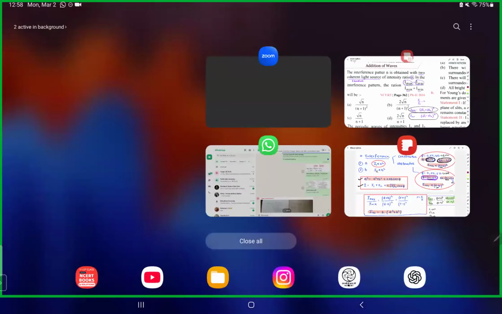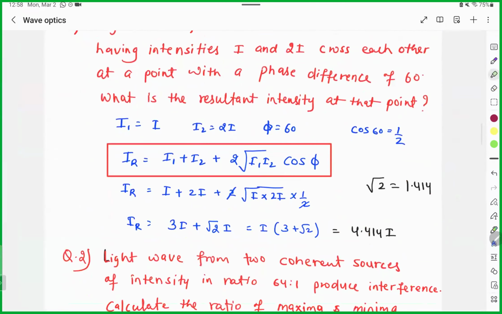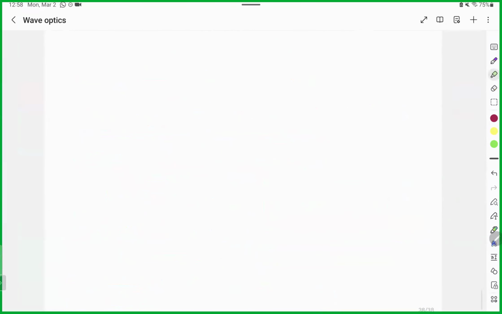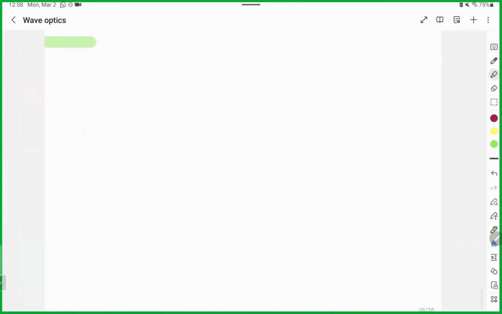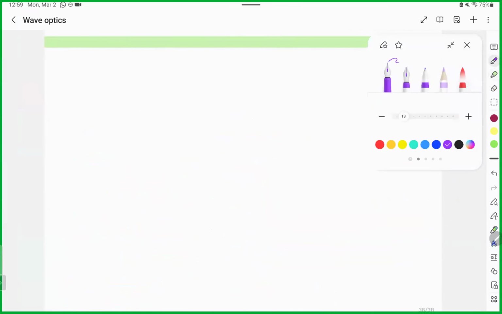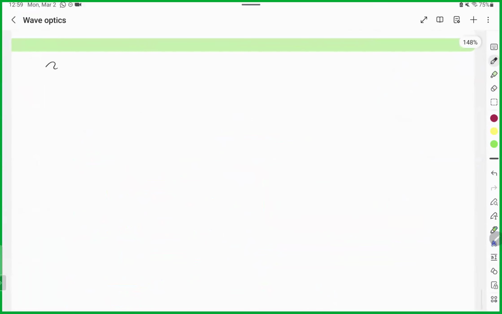So, here is this figure. You have this rule: I maximum value will directly depend upon (a plus b) whole square, or (under root I1 plus under root I2) whole square.